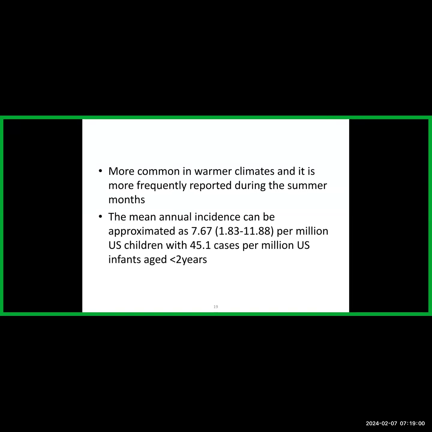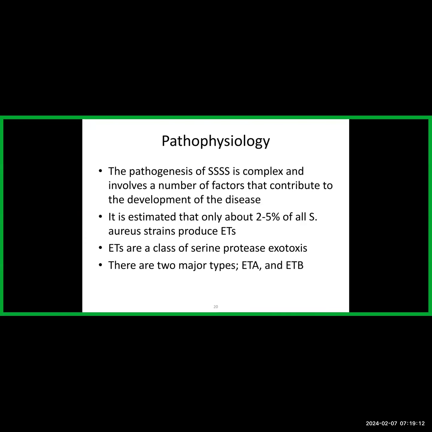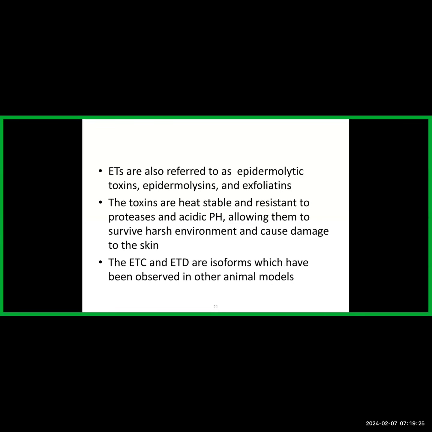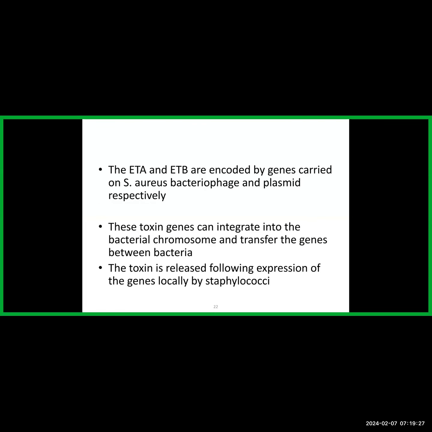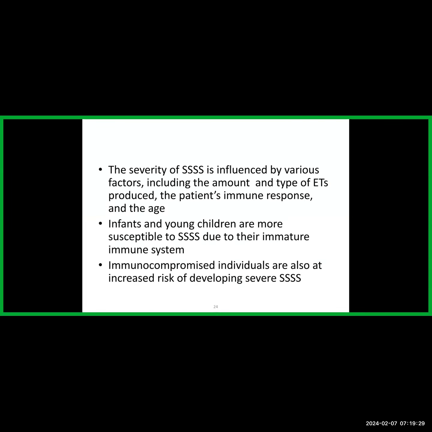The mean annual incidence can be approximated to 7.67 per million US children, with 45.1 cases per million US infants aged less than 2 years. The pathophysiology is complex, as I have already talked about this when I was answering the B part of the question, so I think there's no need to go through it again.